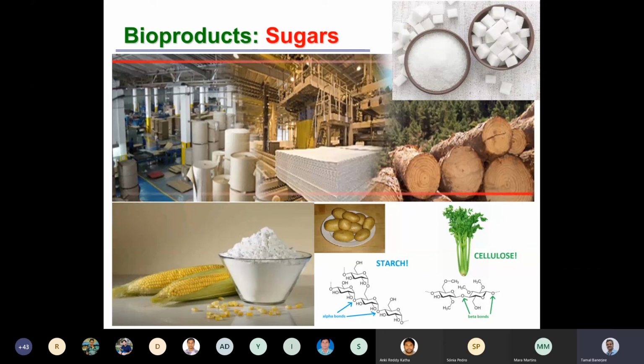Okay, so you can have bioproducts derived from sugars: monosaccharides, disaccharides, polysaccharides. So you can think of wood, eucalyptus, and then derived from them is paper, cellulose and paper, and it can be just sugar to sweeten our food.